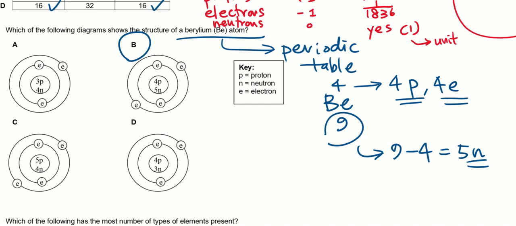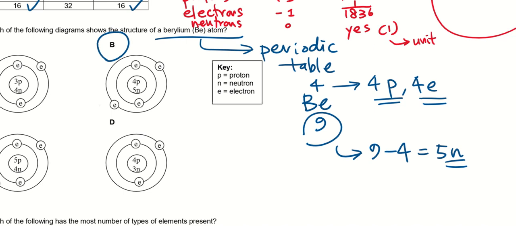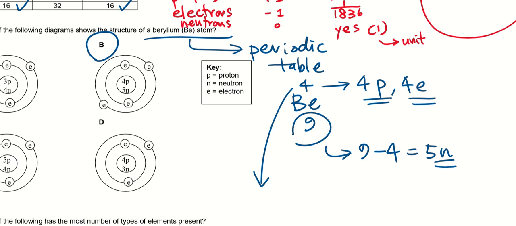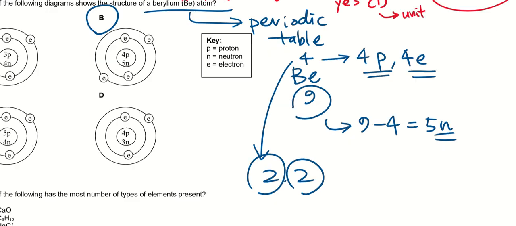By the way, is beryllium stable? What's the electronic configuration? 2.2. This one okay, but how many does it need? Will it take in 6 or give out 2? Give out 2. Easier, right?